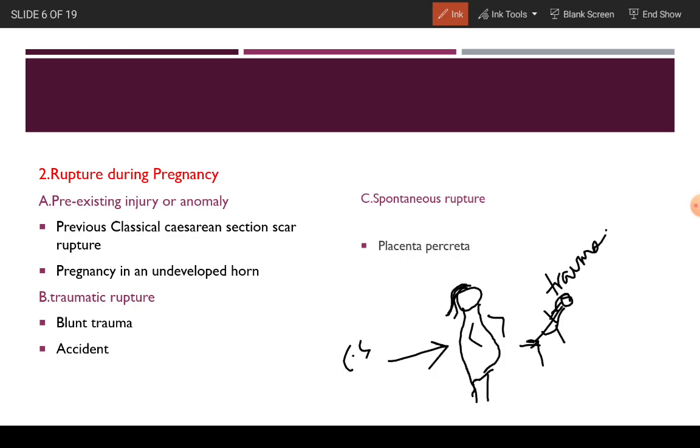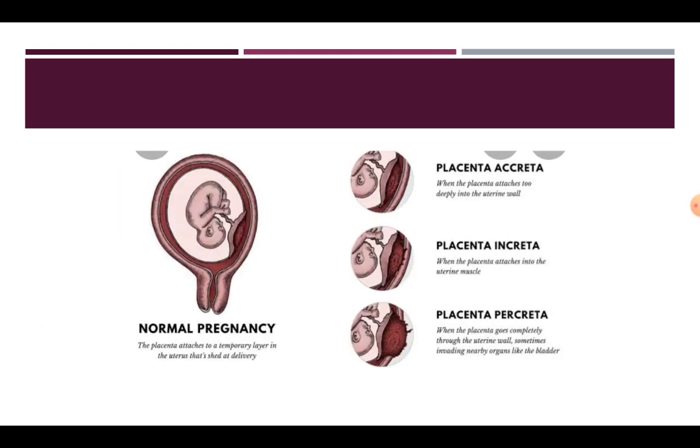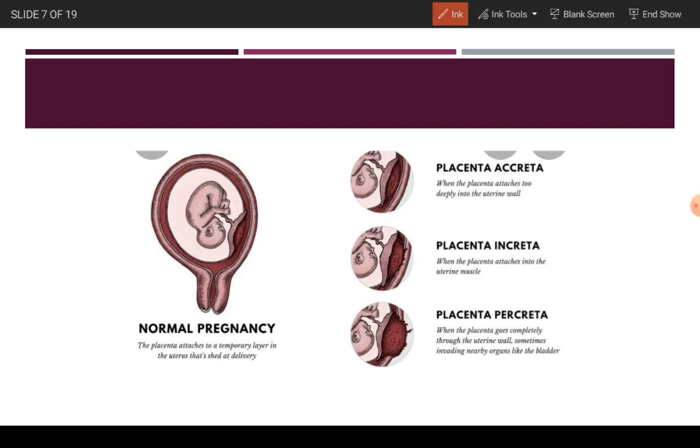Spontaneous reasons can be like placenta percreta. So we have to know what placenta percreta is. In a uterus, placenta accreta, increta, percreta, there are 3 types. When the placenta attaches too deep into the uterine wall, that is accreta.